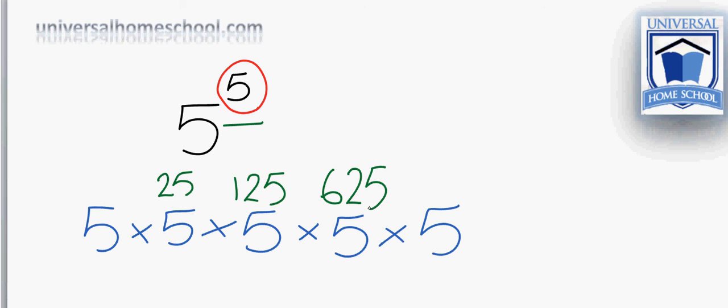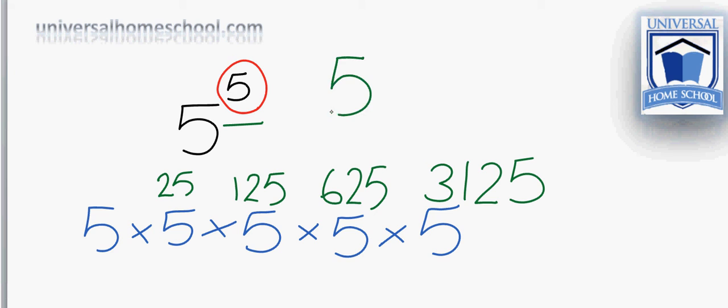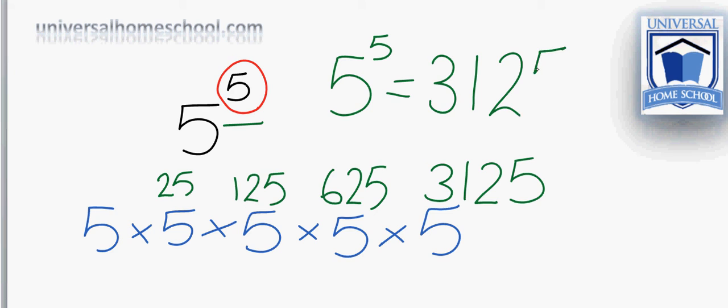And then, this is a big one. 5 times 625 would be 3,125. So 5 to the power of 5 would equal 3,125.